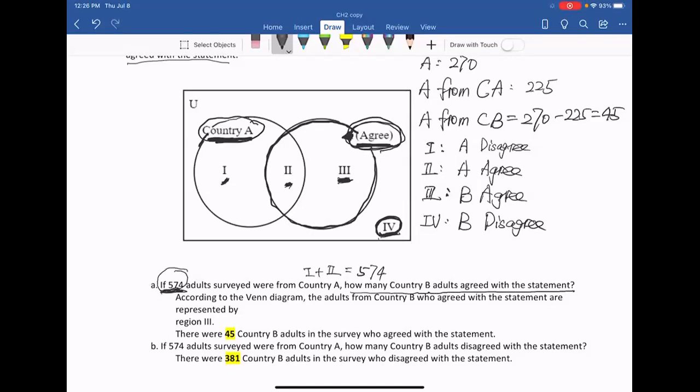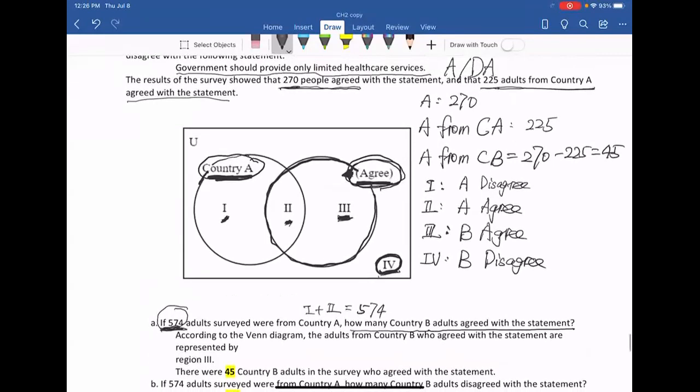We already know from the question that 270 people agreed with the statement and 225 adults are from country A. So the rest of the people who agreed are from country B. And the question is, how many country B adults agree with the statement? Just use 270 minus 225. We already know that is 45, which is region 3.